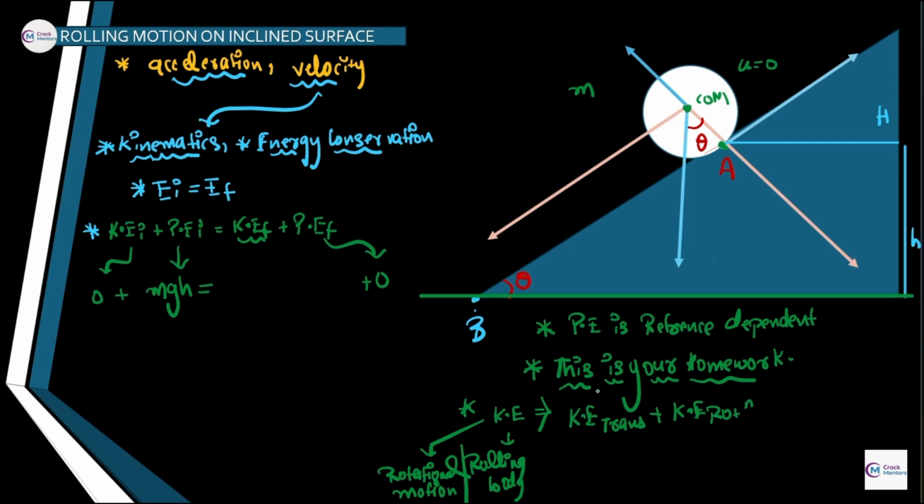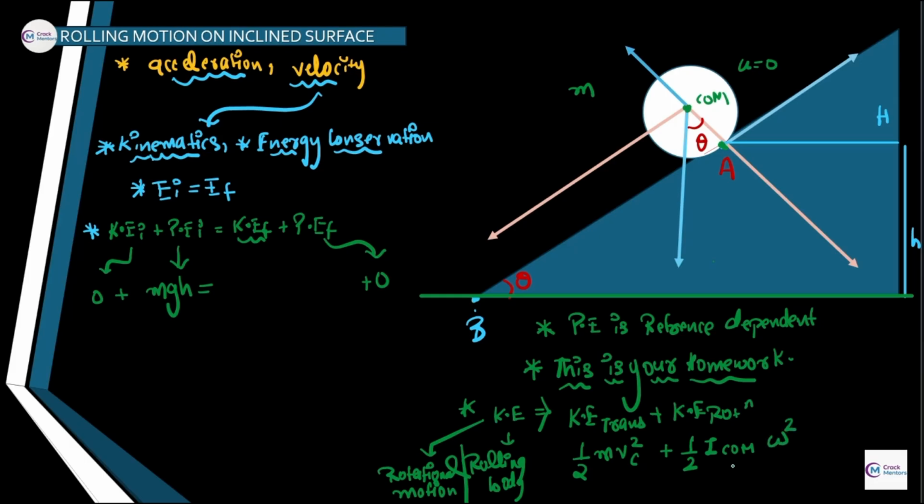Now, what is the translational kinetic energy? It is half m vc square, where vc is the velocity of the center of mass, plus the rotational kinetic energy, which is half ICOM omega square, the moment of inertia about the center of mass times omega square.